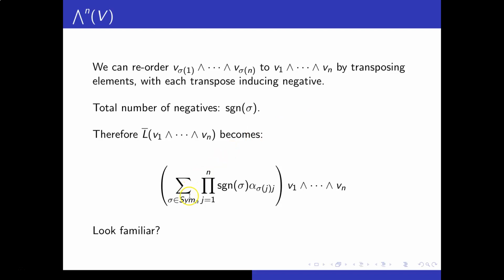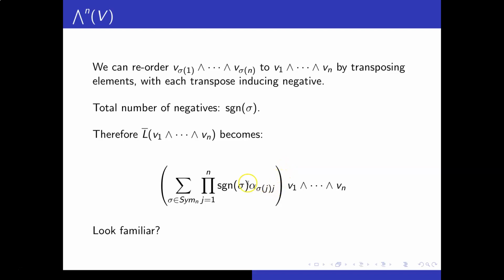So that means I'm taking the sum over the sigma in the symmetric group. I have the sign of the permutation. I have these elements from the matrix and v1 wedged through vn. This is my constant that is defining the map. And what do I have?